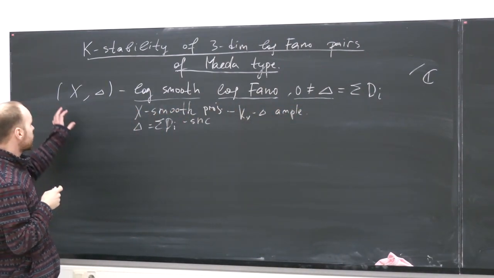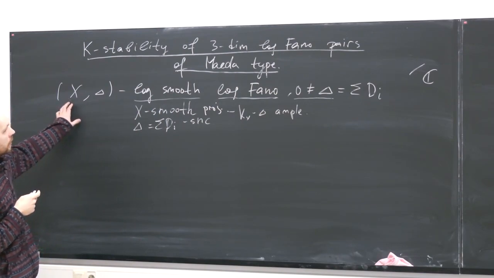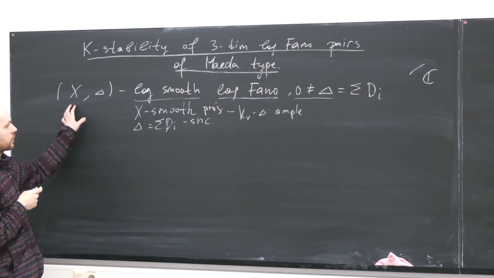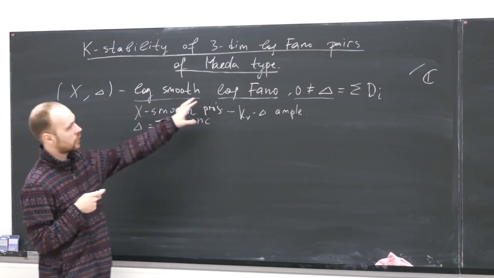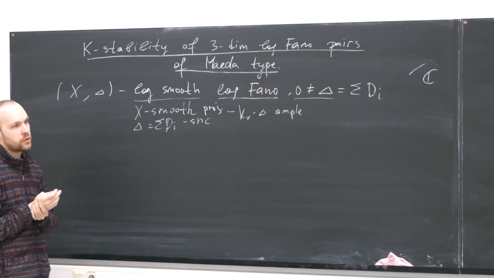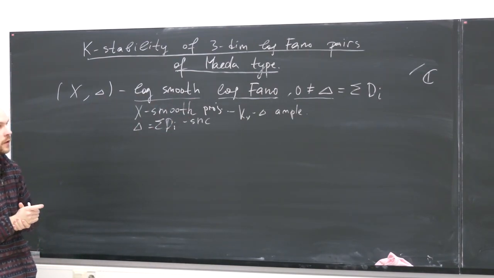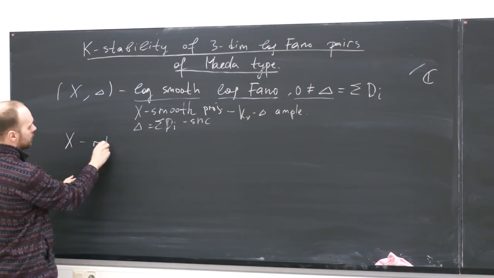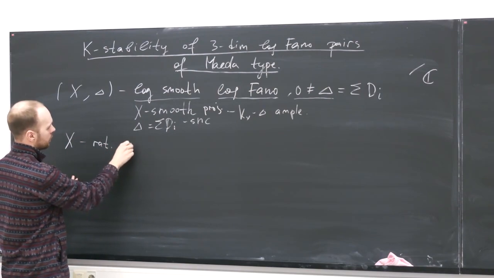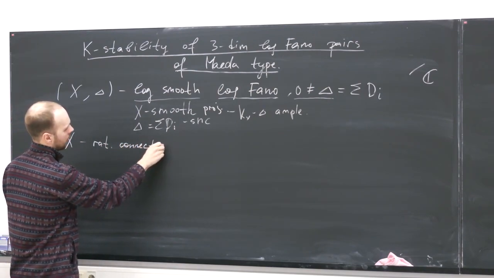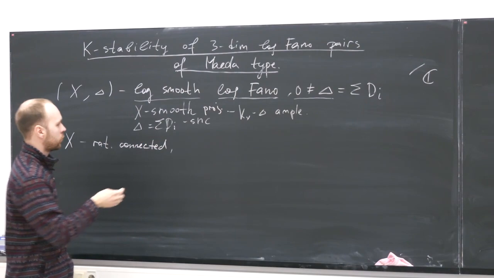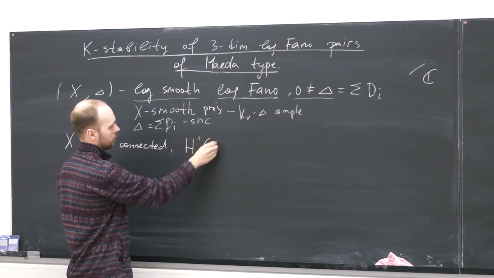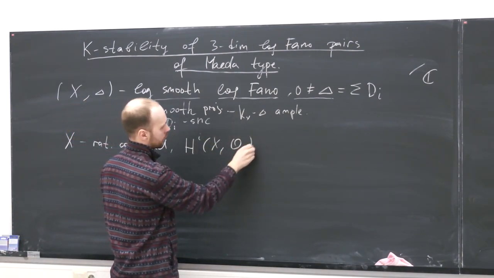All right, so such varieties X, which admit the structure of log smooth, log Fano pairs, they very much resemble the classical Fano varieties. So it is well known that in this case, X is rationally connected, and they don't have cohomology of the structure sheaf.